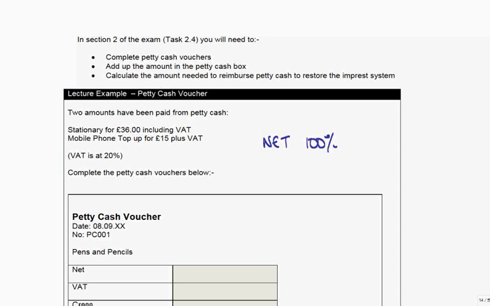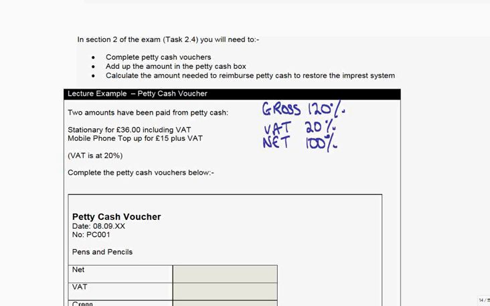From that net amount, we then charge VAT at a rate of 20%. So that means that gross figures, gross meaning net plus VAT, will be standing at 120%. You can then use these percentages to work from one number to another number.